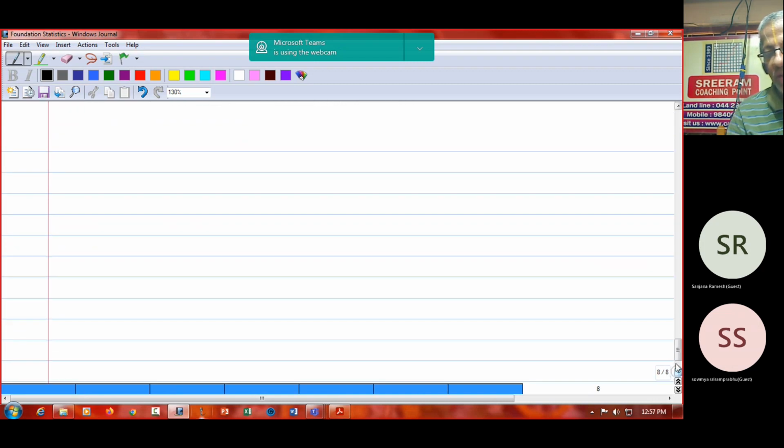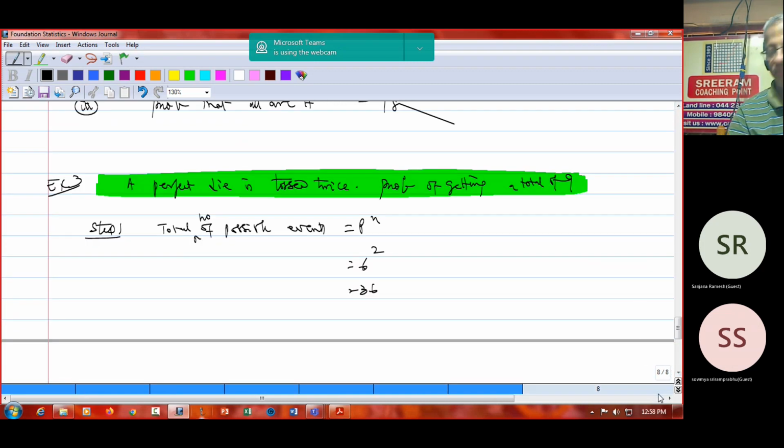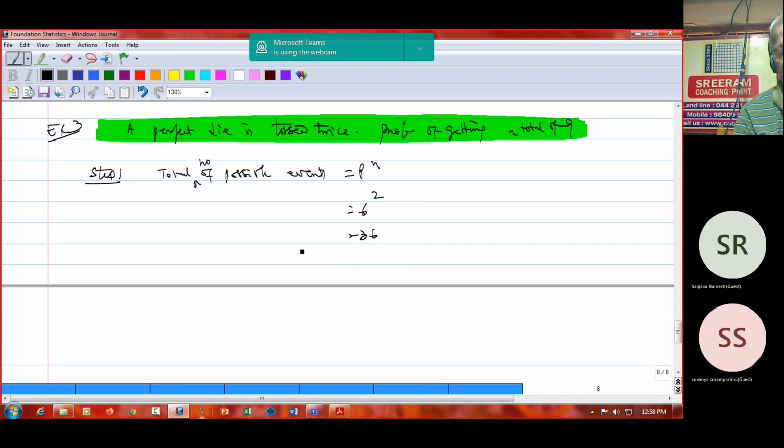Probability that the total is coming to 9. So, what is the maximum number in one die? Die number 1, 6. So, this is in one case. This is die number 1. So, die number 2 should be 3.